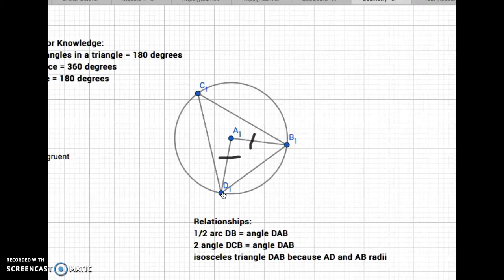Okay. What other relationships could we talk about? They would know the Pythagorean theorem, so they'll be able to figure out the length of each side.